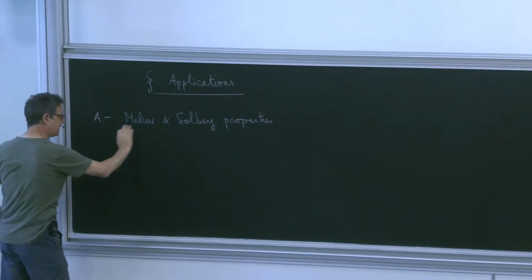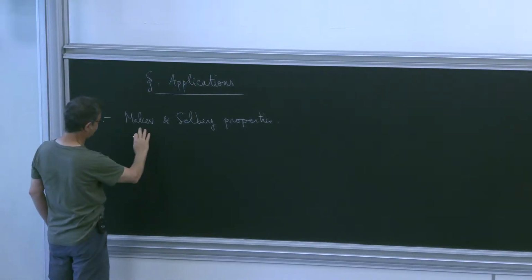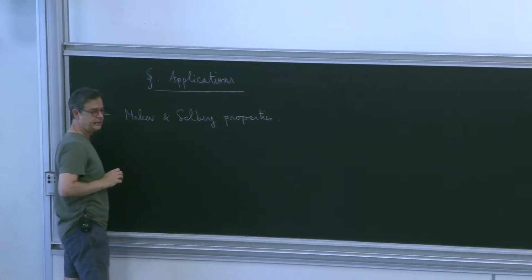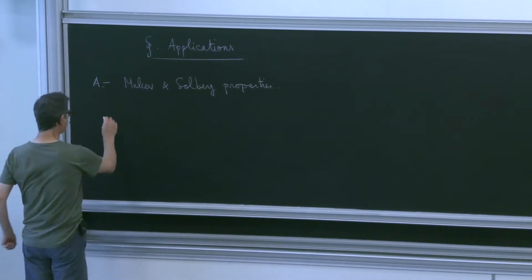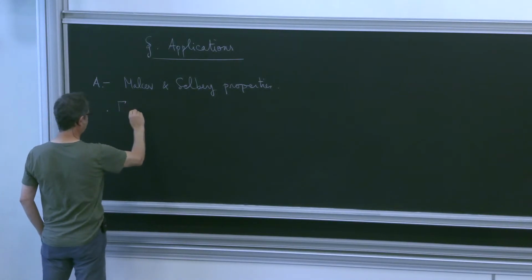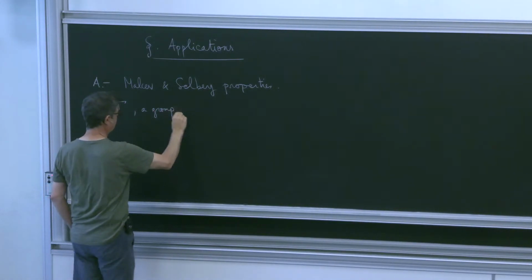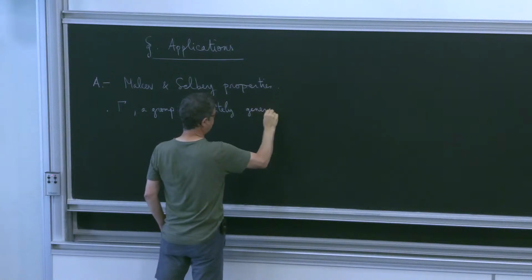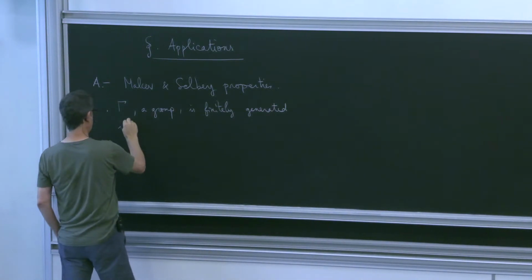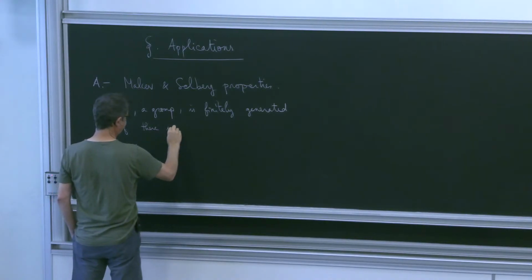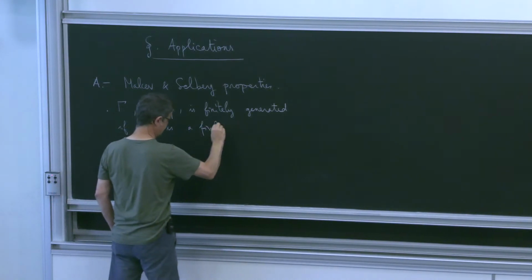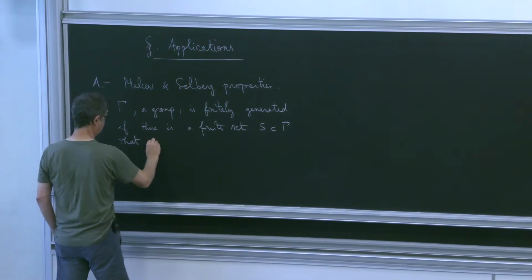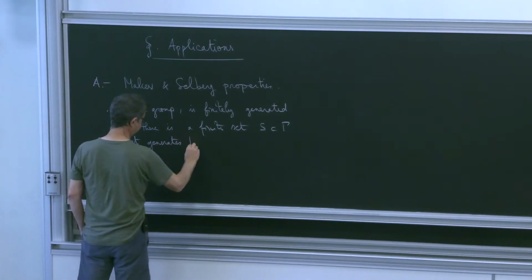To state these properties, these are properties which are usually satisfied and proven by Malcev and Selberg concerning finitely generated linear groups. Okay, so I say that gamma, a group, is finitely generated, this I already used, if there is a finite set S in gamma that generates gamma as a group.